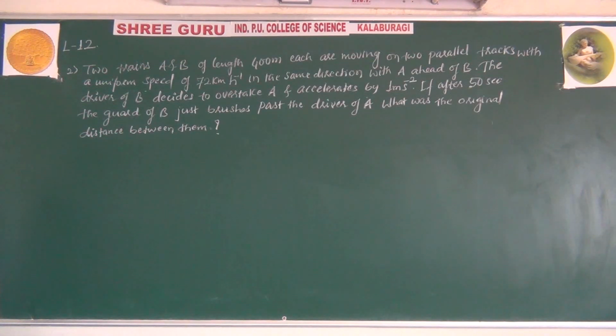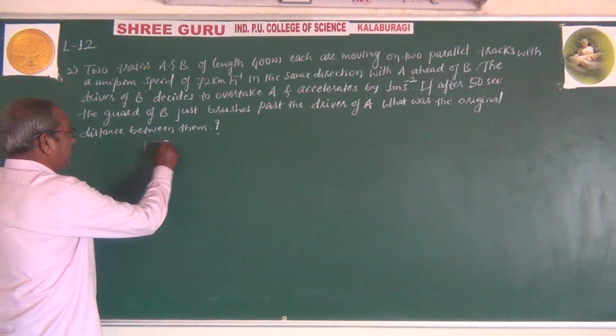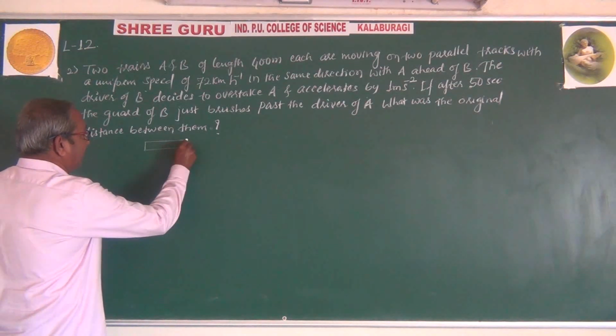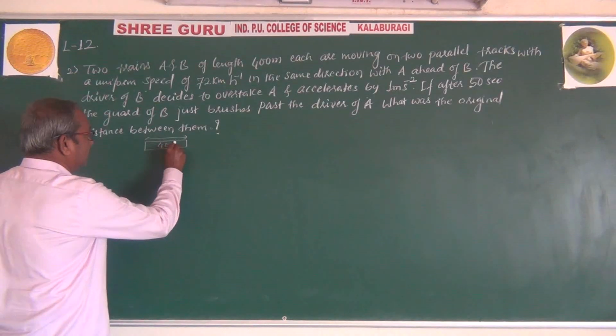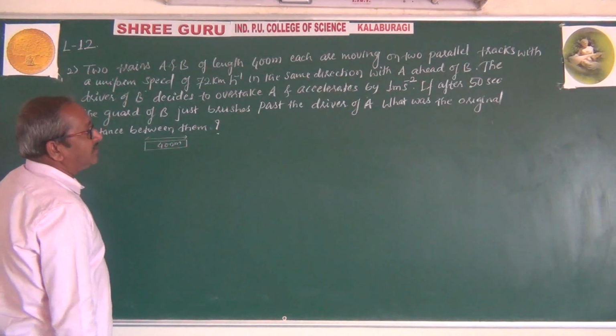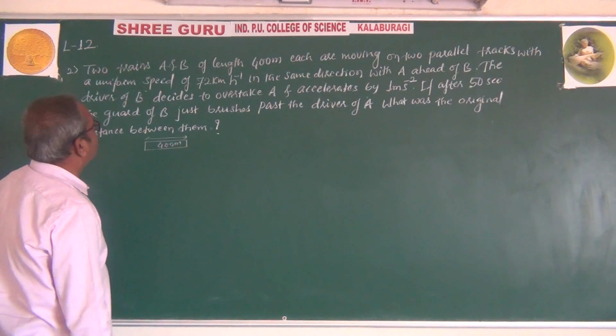Two trains A and B of length 400 meter each. Here is the train A, which has a length of 400 meter, and another train is also having 400 meter.